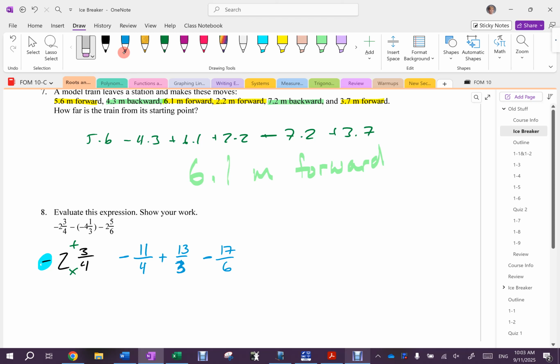You would say, "That's hot garbage. I'm not writing that down. I'm going to check my work." What is that very close to? Nobody can tell me what -2 3/4 is very close to. -3.